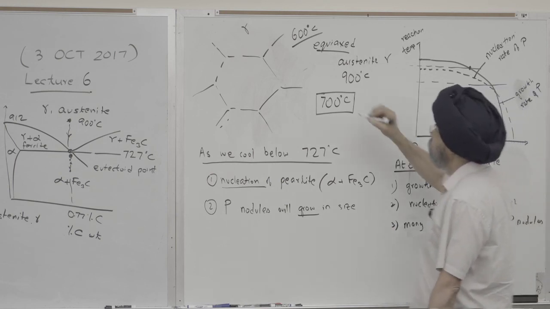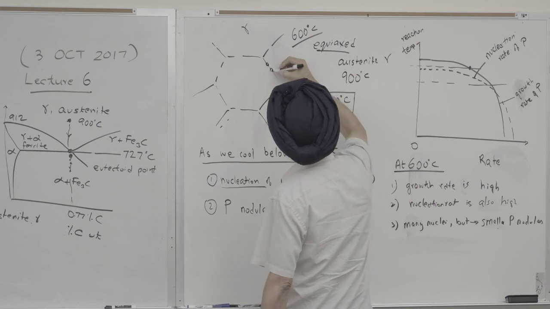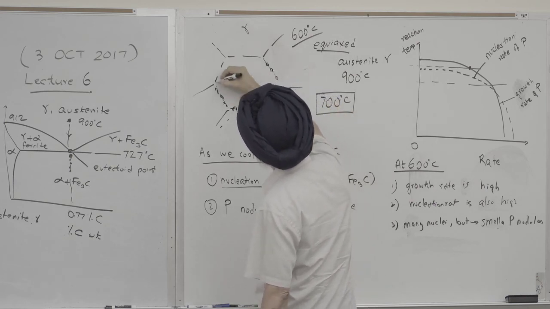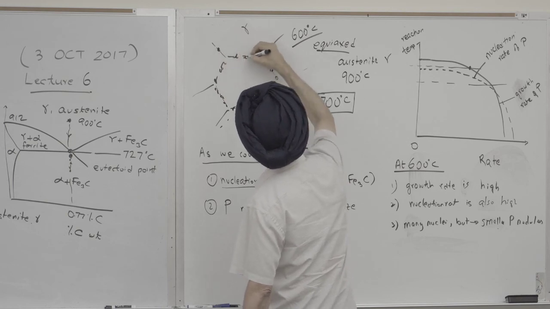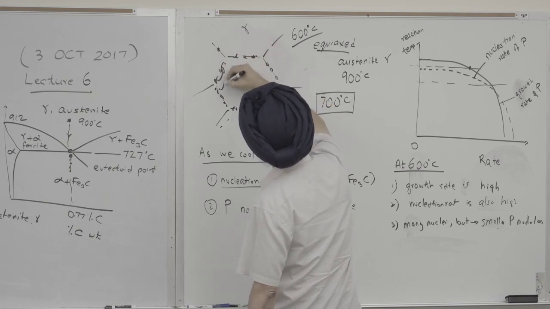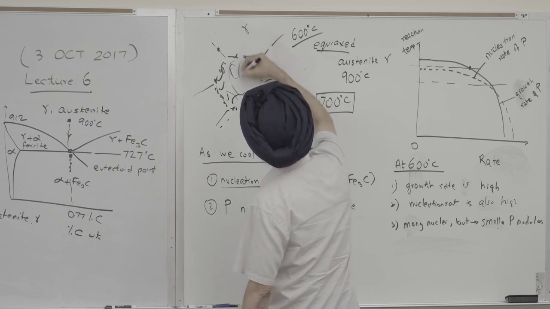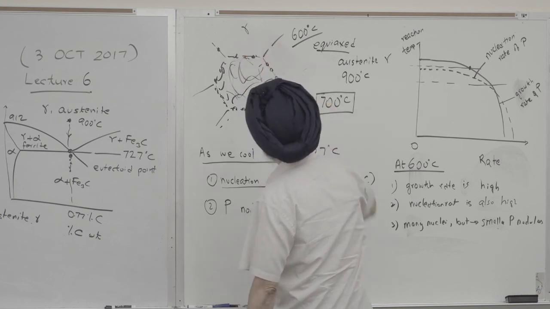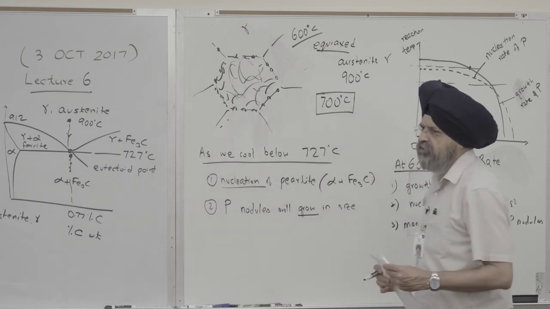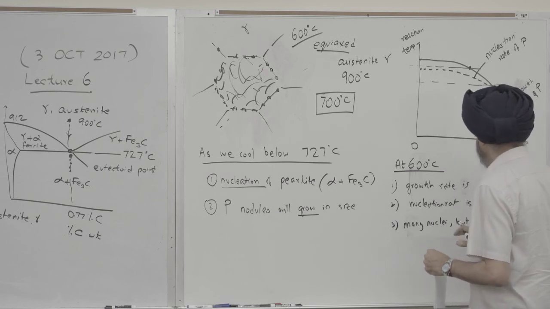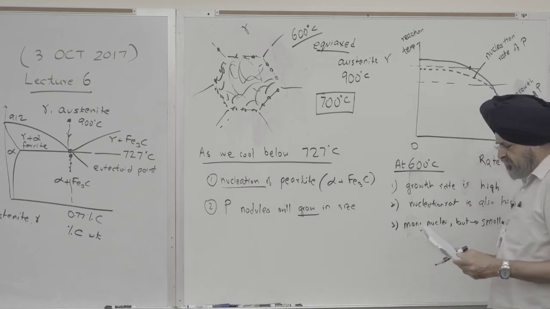We'll get nucleation all along the grain boundaries. These pearlite nodules nucleate and all grow like this. So many are now growing, each one will be small because they intersect. So we'll have many nodules and they'll be small.